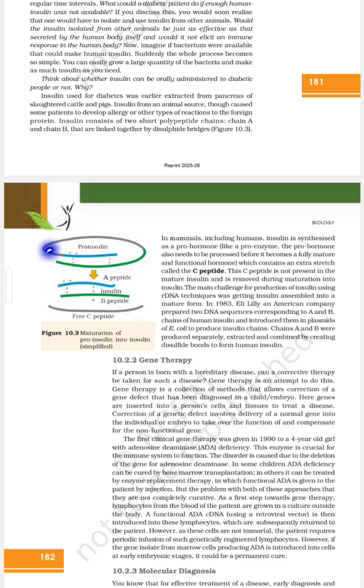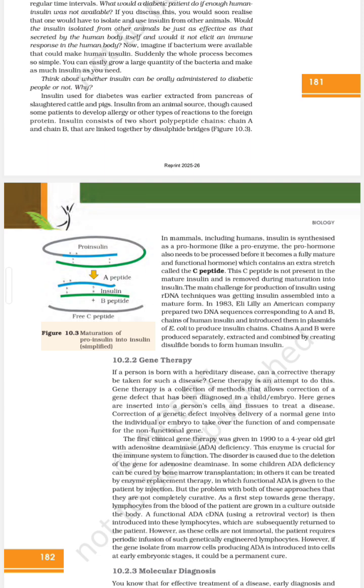So when proinsulin matures to insulin, what do we get? Chain A or peptide A, and peptide B. And in the mature insulin, the extra stretch, that is the C peptide, is not there.